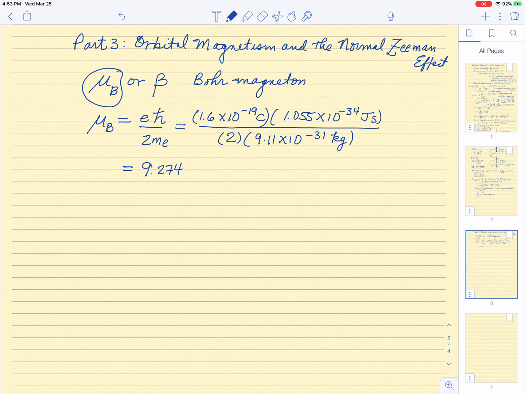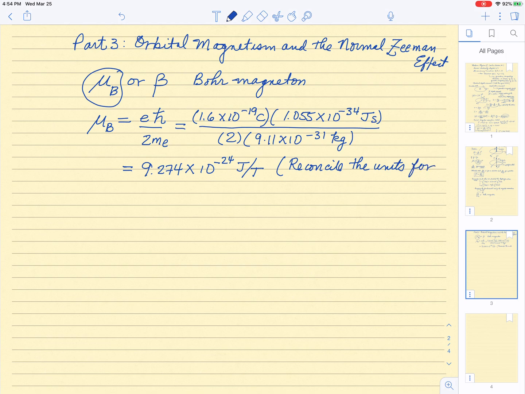And so when the smoke clears here, we get 9.274 times 10 to the negative 24 joules per Tesla. So we reconciled the units in class, and I wish that you do that again. So please reconcile the units for yourself.